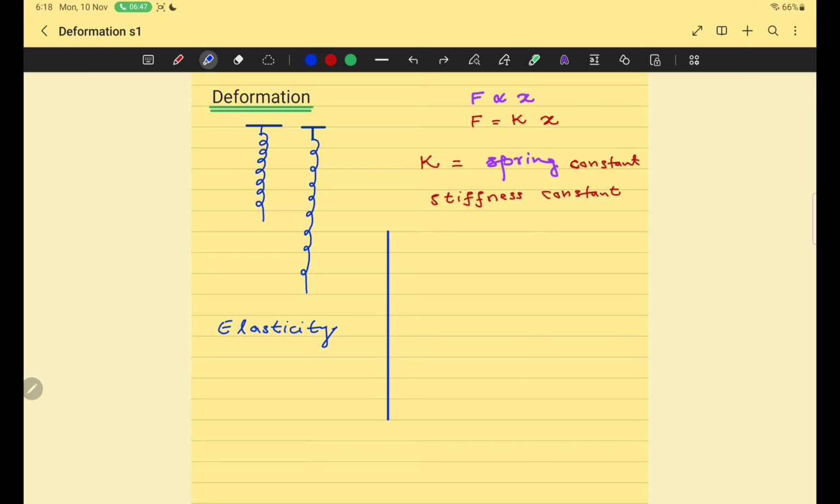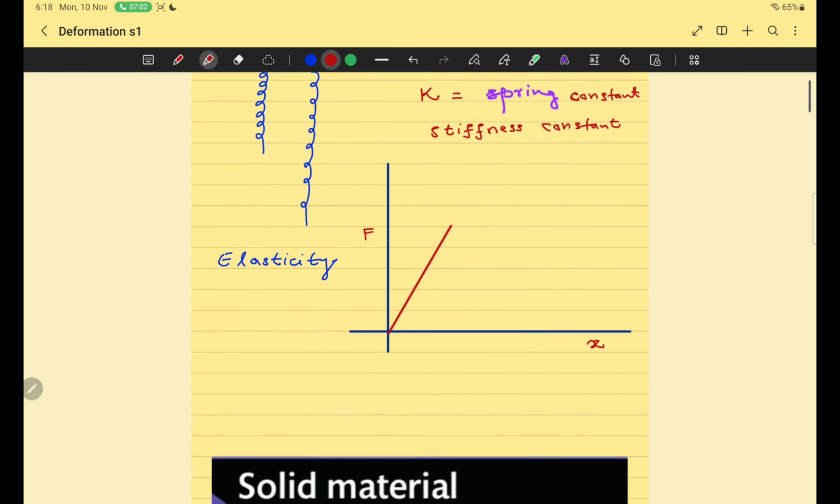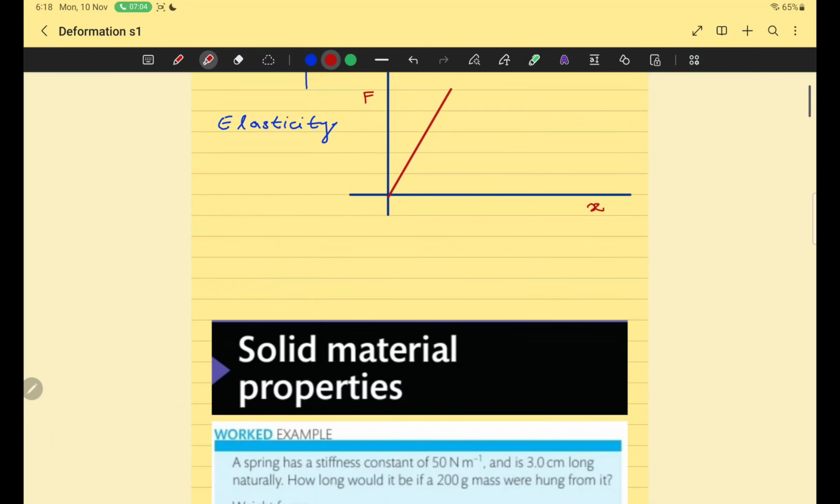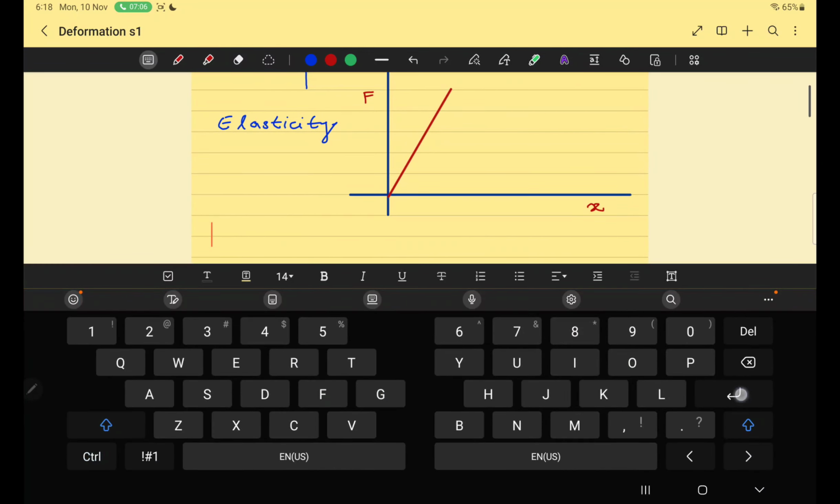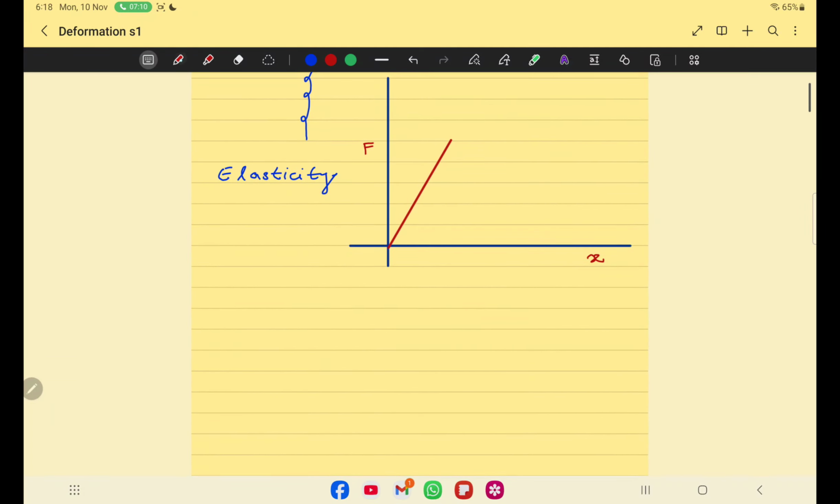And if you plot a graph between force and extension, then according to Hooke's law, the graph between force and extension is a straight line. And this straight line shows that if you are increasing force, extension is increasing at the same rate.